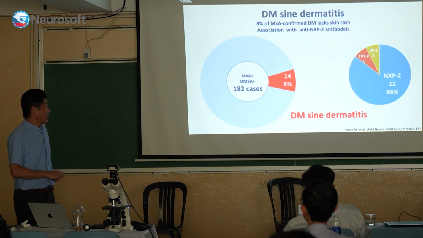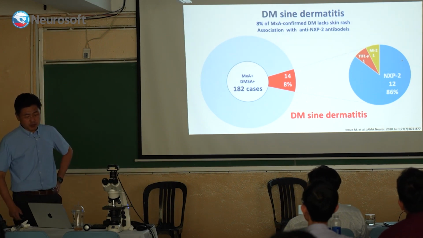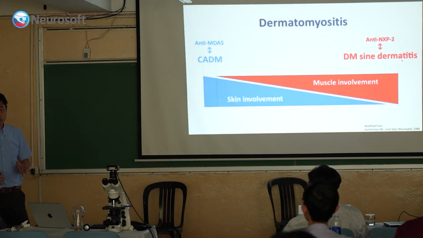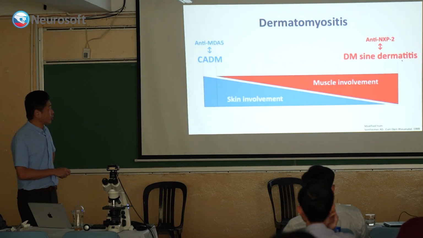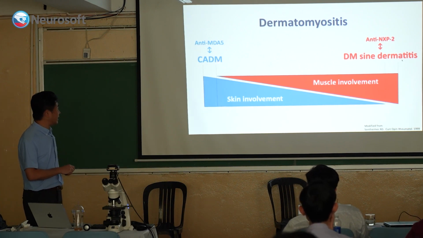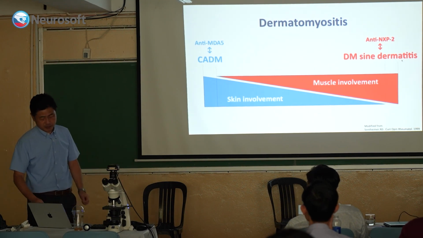They had no skin rash. Interestingly, most of the cases have NXP2 antibodies. So now we can say that yes, there is dermatomyositis sine dermatitis, and this condition is associated with NXP2, just as CADM is associated with MDA5 on the other side.